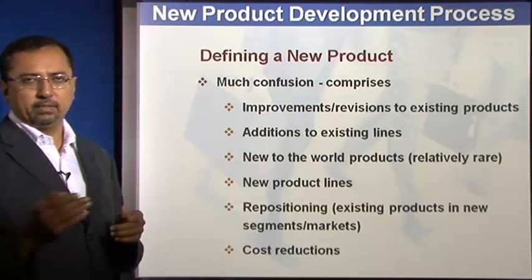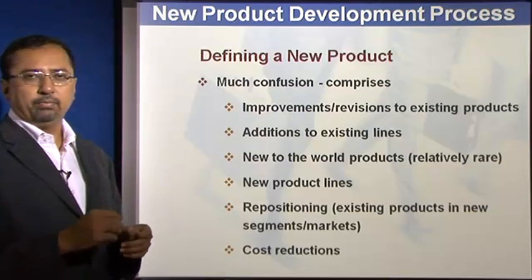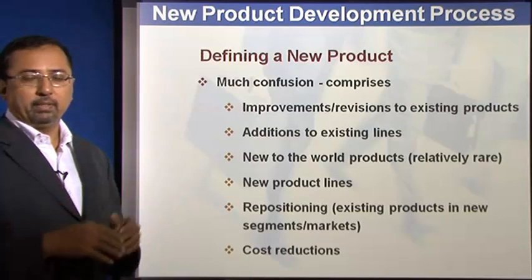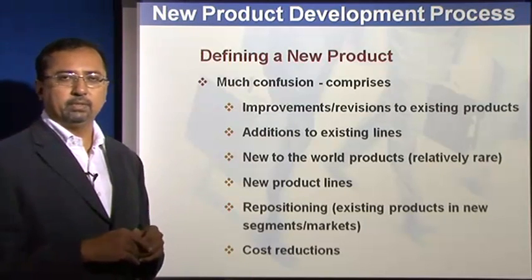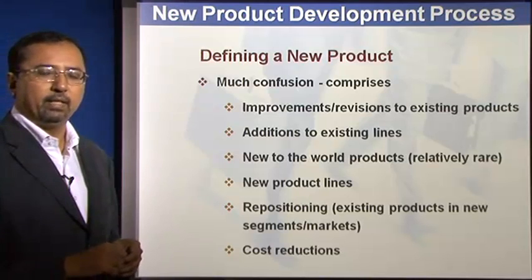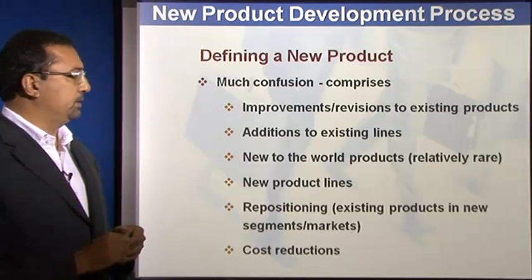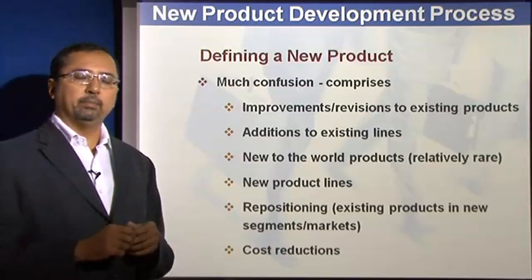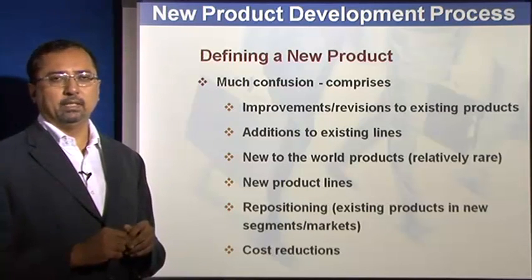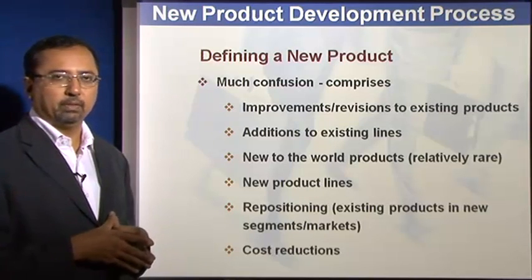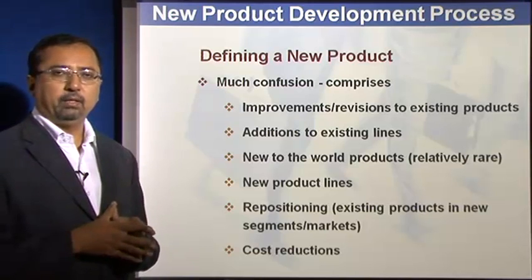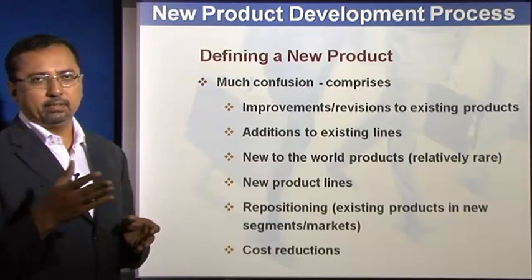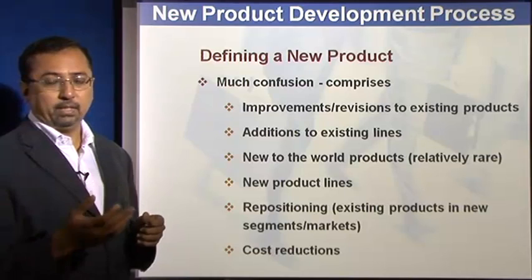Most patents are actually being granted to fairly routine, one might consider routine or very straightforward minor changes in already existing innovations and inventions. Second, there could be some additions to the existing lines. For example, if you take detergent powder, somebody like Hindustan Unilever had Surf, they added something like Wheel. So is that a new product?